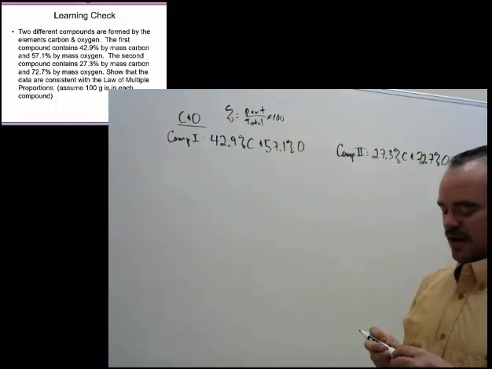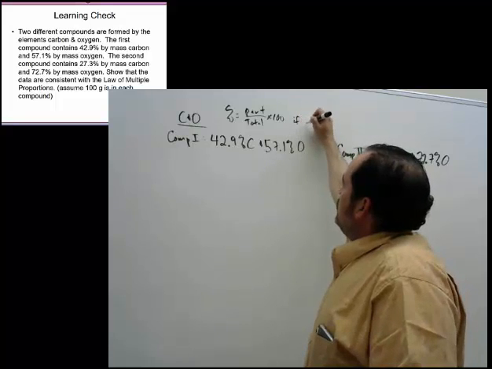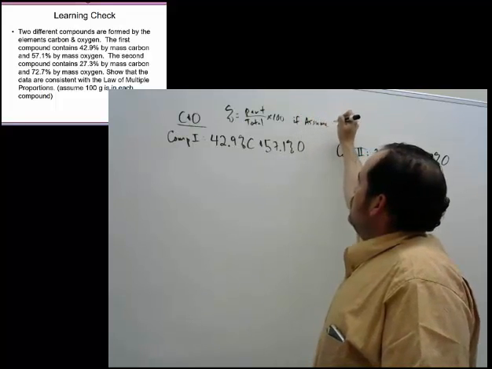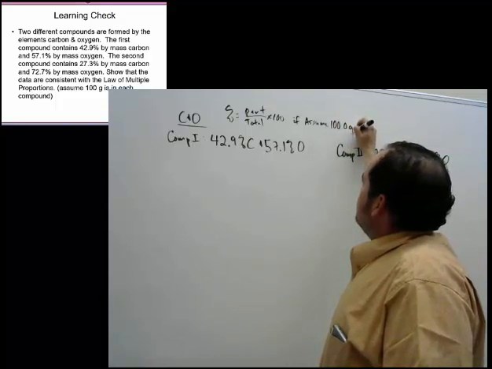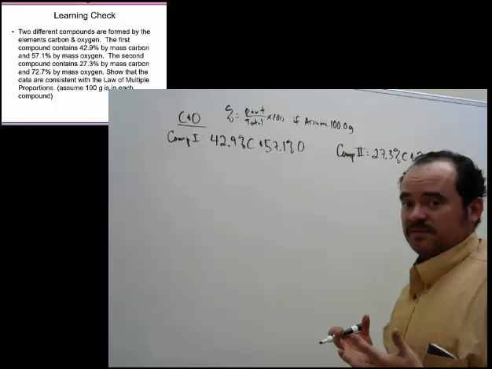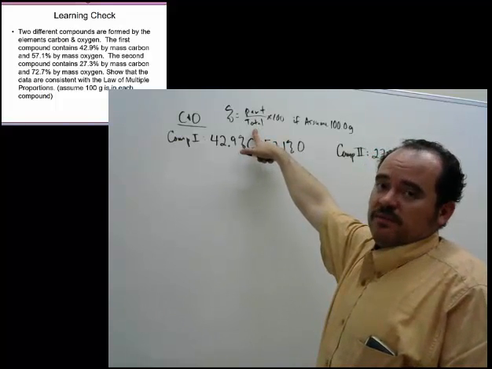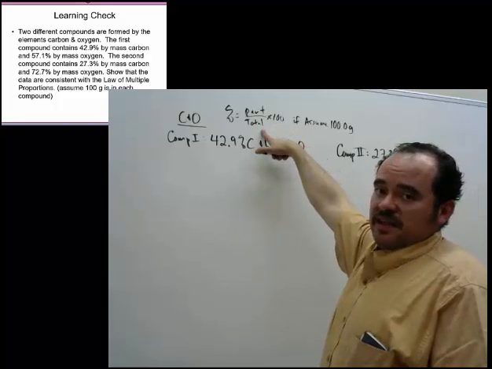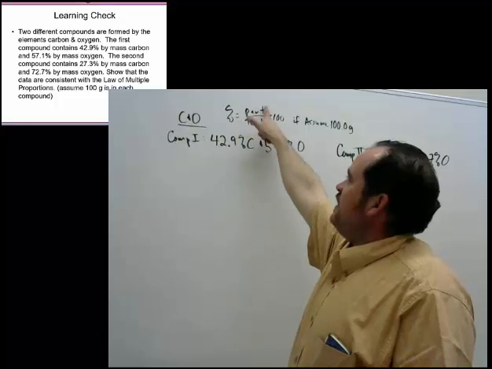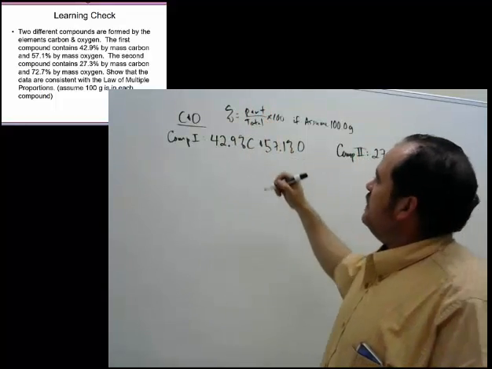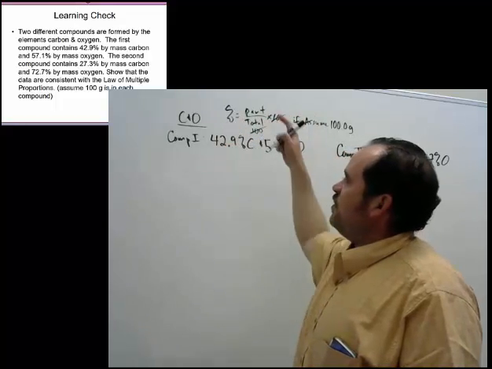Now, if we assume that the total amount is 100 grams of this compound, then the total is 100 downstairs, you multiply by 100 upstairs, and so 100 cancels out, and the percentage must be equal to the parts.